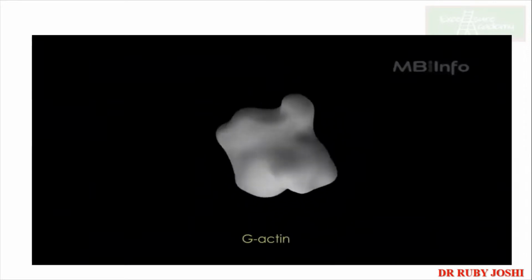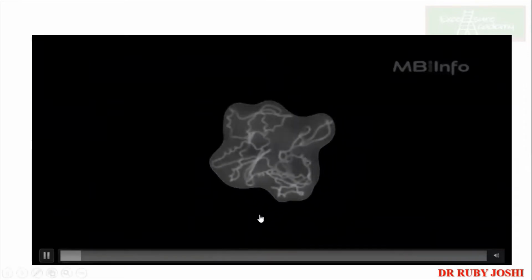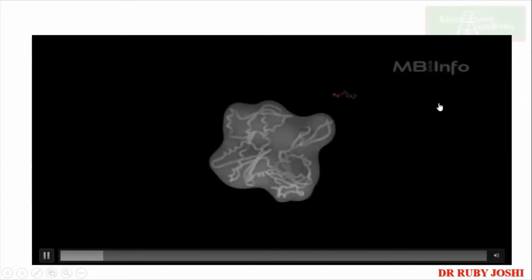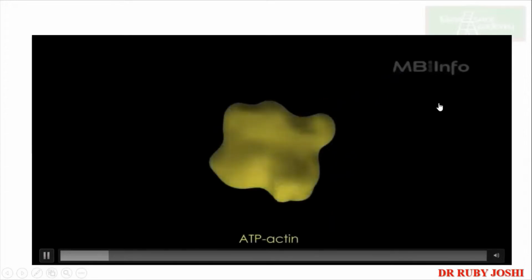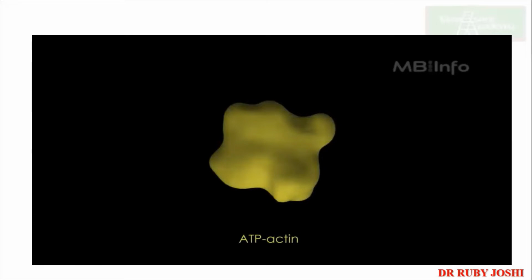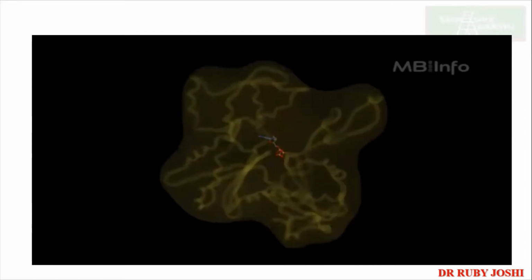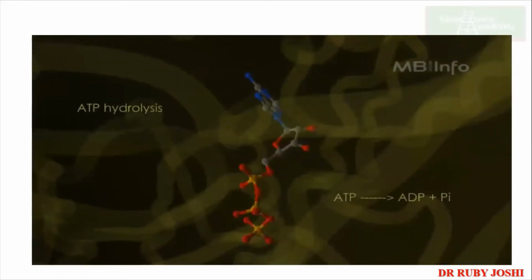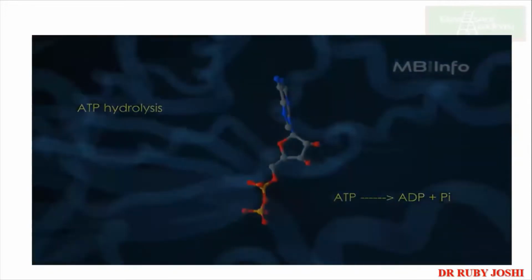So there is a G-actin, globular actin, and ATP is bound to G-actin. And this is how the hydrolysis takes place.